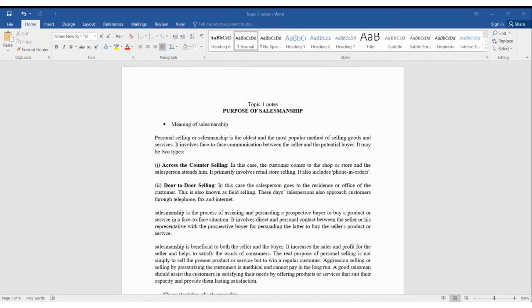Other times, it can be done through telephone or over the internet. Across the counter is where customers visit a shop or a store, and the salesperson attends to them. Mostly, it involves retail store selling, and at times it may include over-the-counter orders.